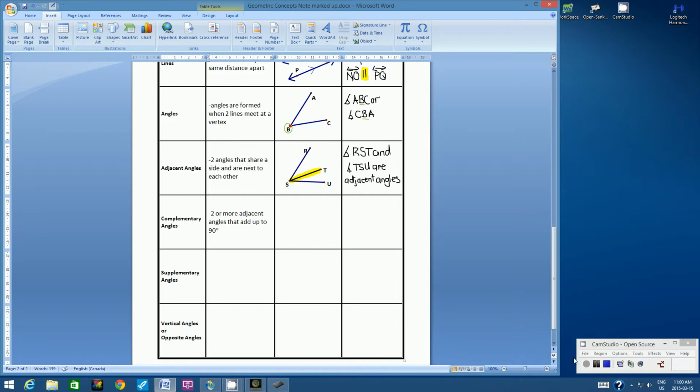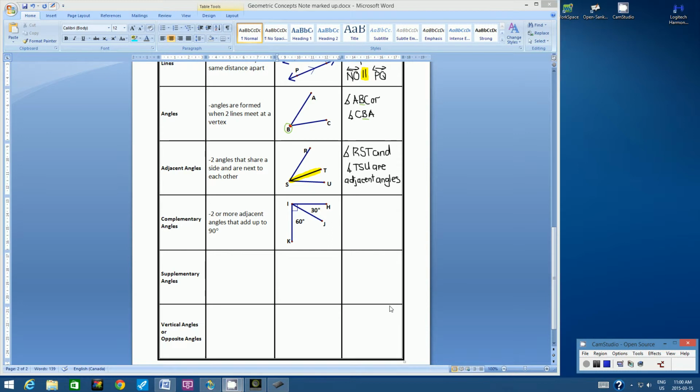Okay, so let's draw a diagram of that. Here is a diagram of two complementary angles. When you're drawing it, make sure you draw the right angle first. The right angle here is HIK, or KIH. And we know it's a 90-degree angle because we've got that perpendicular symbol in there.